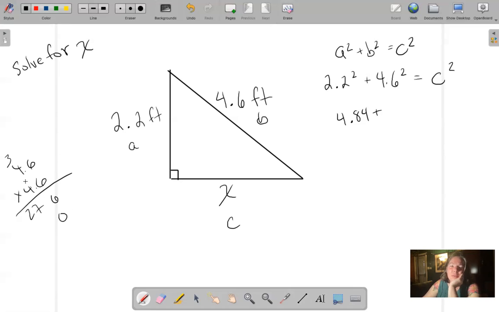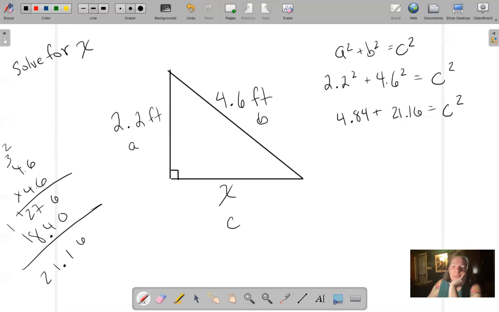Bring down a 0. 4 times 6 is 24. 4 times 4 is 16, plus 2, 18. Decimal point goes here. 21.16 equals C squared.